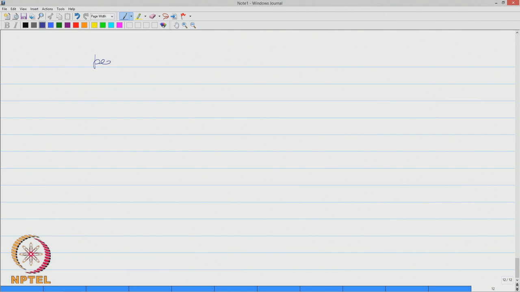So, the peak side on overpressure is 40 kilopascal and the duration is 0.05 seconds. So, let us say shock wave parameters.